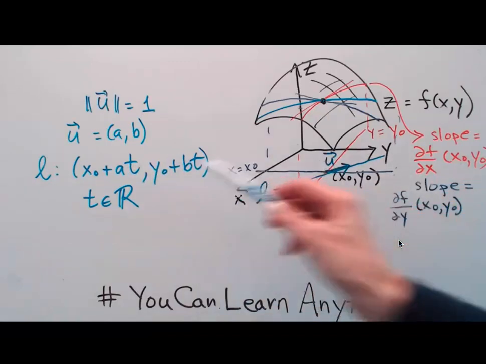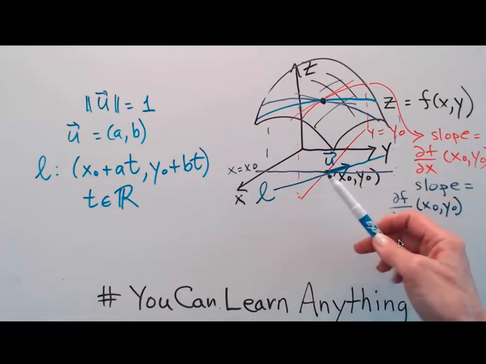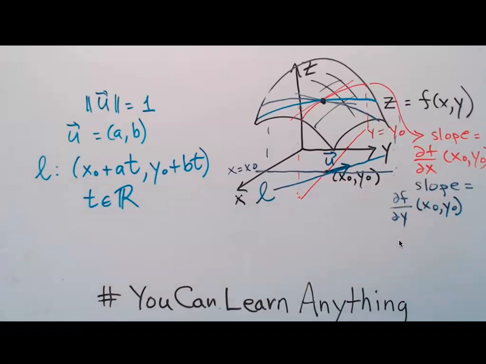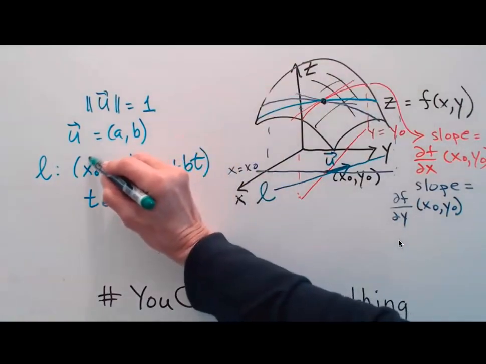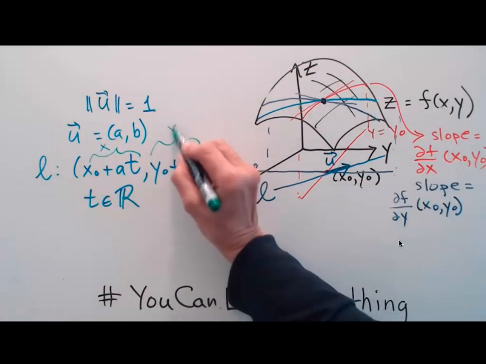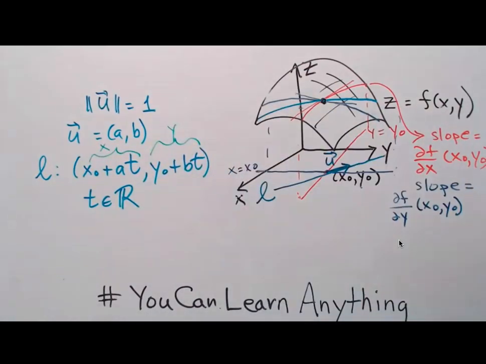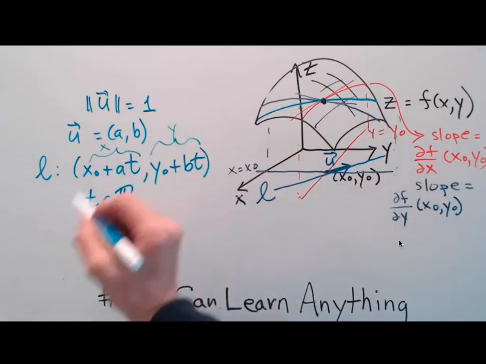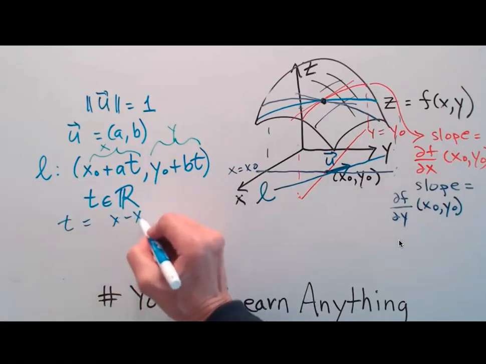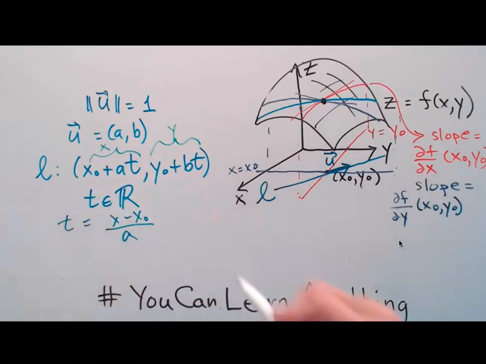But what happens as t varies? Well, when t is positive, we're going to go in one direction. Negative, we're going to go in the other. You still might not be buying this, but let me remind you that this is what we're calling x. This is y. And when you have parametric equations like this, we could solve for t, right? In fact, t is x minus x naught over a.